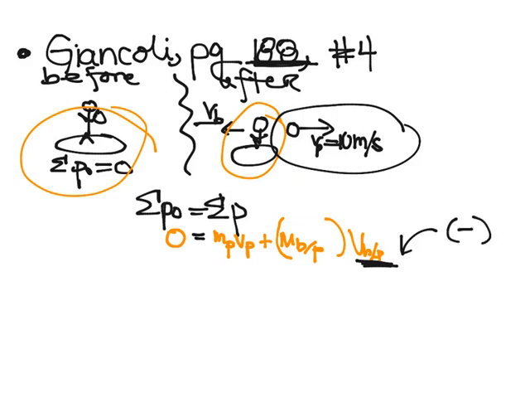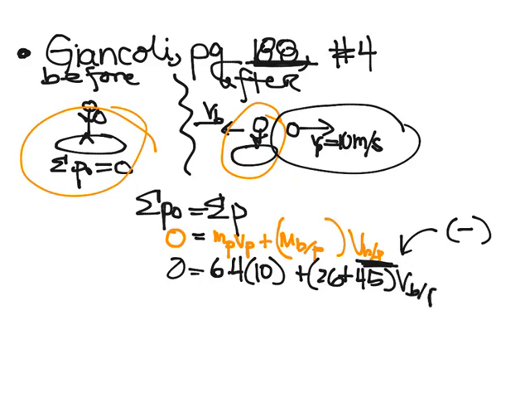Okay, so I can go ahead and plug in the numbers I have. I have 0 is equal to the mass of the package times velocity of the package, so that's 6.4 times 10, plus the combined mass of the boat and person, which is 26 plus 45, times v boat person.